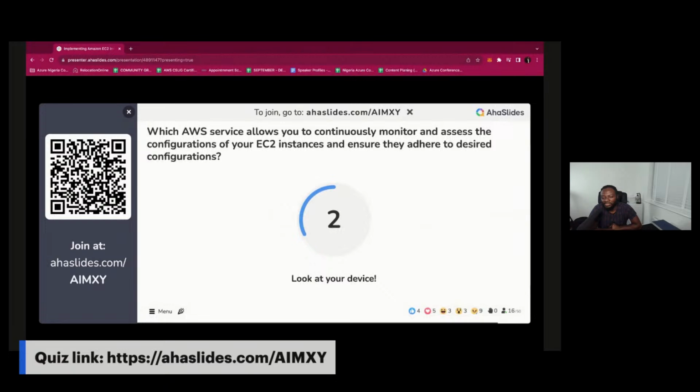So which AWS service allows you to continuously monitor and assess the configuration of your EC2 instances and ensure they adhere to the desired configuration?